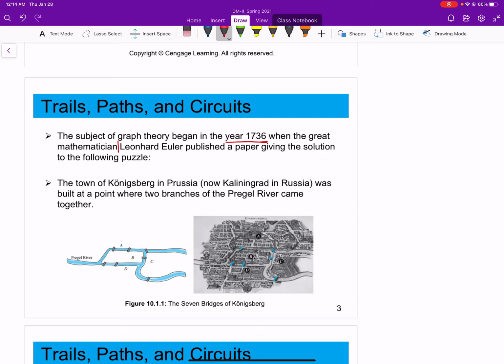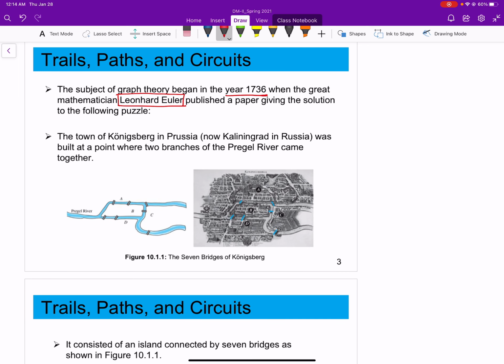Okay, so this is the mathematician who's called Leonhard Euler. He is known as the father of graph theory or networks. This story explains about a puzzle. Let me explain this a little bit more.